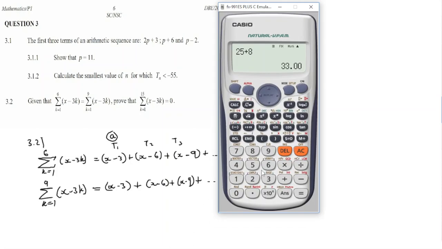As we expand, for k equal to 1, minus 3k, the first term is the same as above, x minus 3, plus x minus 6, plus x minus 9, plus for the last term, x minus, what is 9 times 3? 27, yeah, 27.